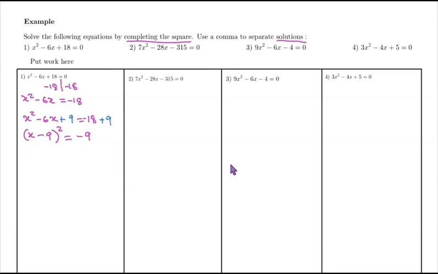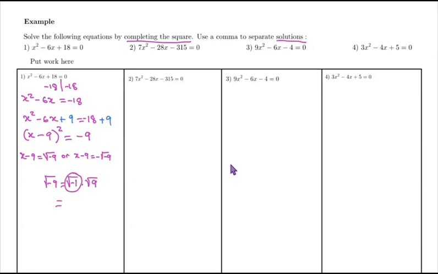First equation will be x minus 3 equals square root of negative 9, or x minus 3 equals negative square root of negative 9. Square root of negative 9 is square root of negative 1 times square root of 9.